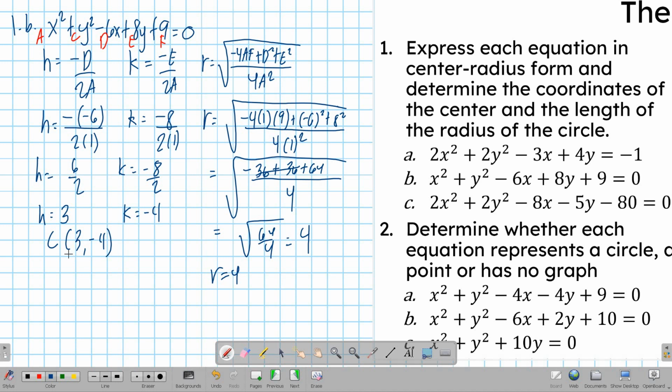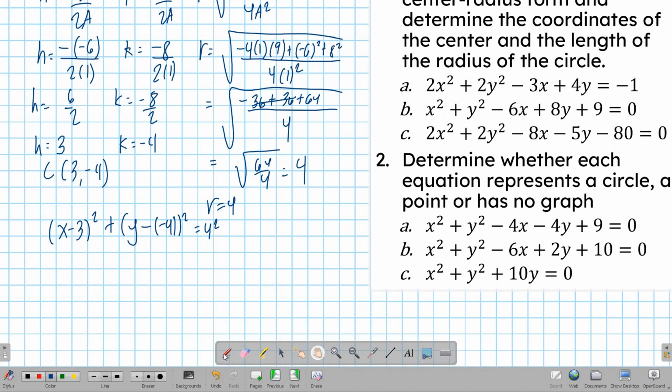With that in mind, since our center radius form is (x minus h) squared plus (y minus k) squared equals r squared, the center radius form would become (x minus 3) squared plus (y minus negative 4) squared is equal to 4 squared.